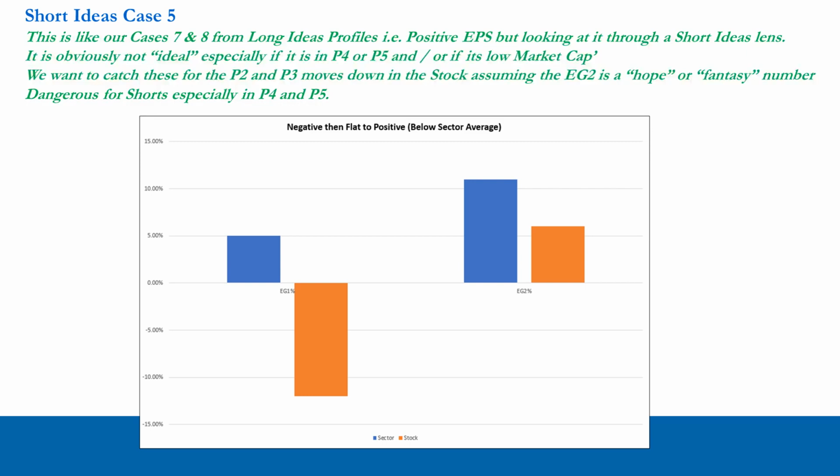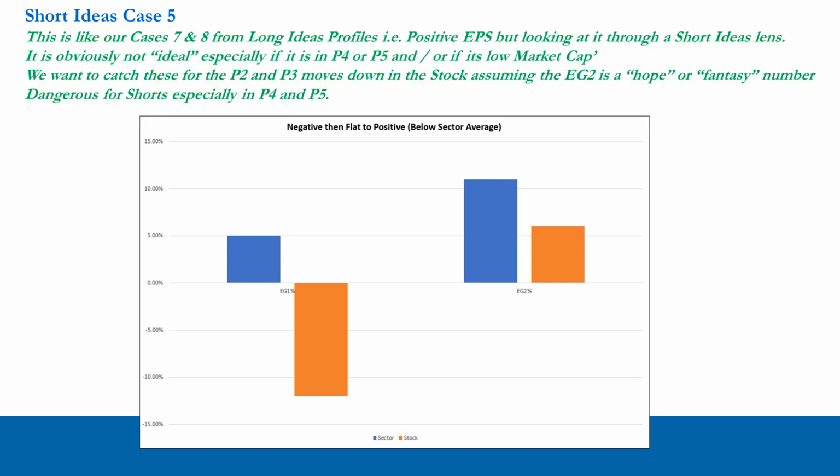So when we think of this earnings growth profile from a short perspective, and whether we are arguing with the market or not, it's debatable in all phases, but we would obviously much rather catch something like this in phase 2 and phase 3 rather than phase 4 or phase 5, because we have a higher chance that the earnings growth 2 number is a hope or fantasy number, and we have much more downside potential in the stock.